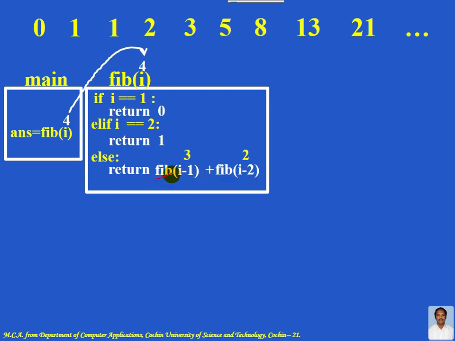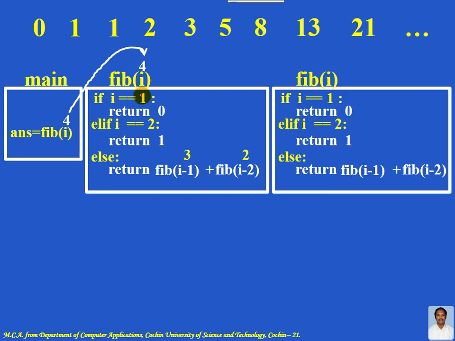Now here again you call the function fib, and the argument passed is 3. So the same function is called again. For a better understanding, let me type this function again. Remember, there is only one copy of the function. So this function is called with argument 3.